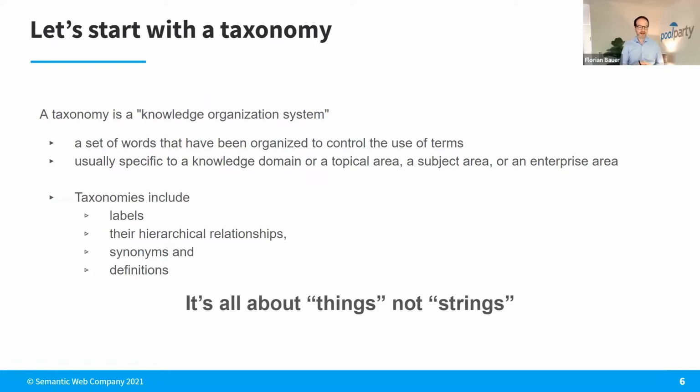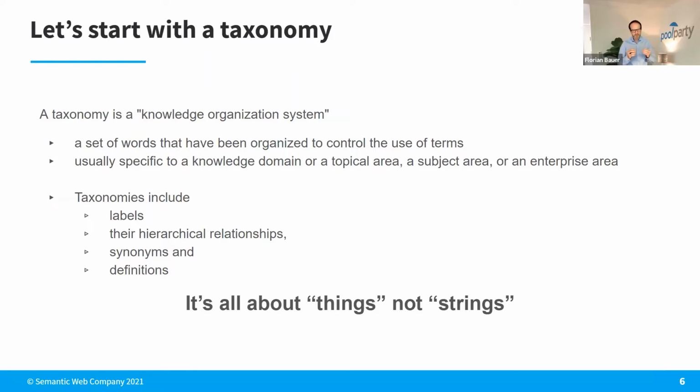Usually, these kinds of taxonomies are specific to a knowledge domain or a subject area, and that's why it's important to always bring in subject matter experts to build them. So very briefly, taxonomies usually include labels, so the terms describing them, their hierarchical relationship, other labels that also describe them, like synonyms, abbreviations, and so on, and also often definitions.